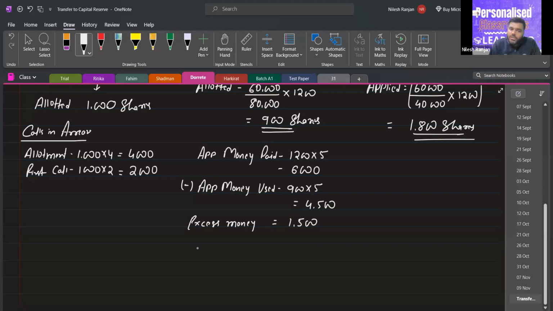Okay. Now he has to pay 900 into 2 on allotment, that is 1,800, and also 900 into 2 on premium, that is 1,800. So total 3,600 he has to pay, but he paid only 1,500.